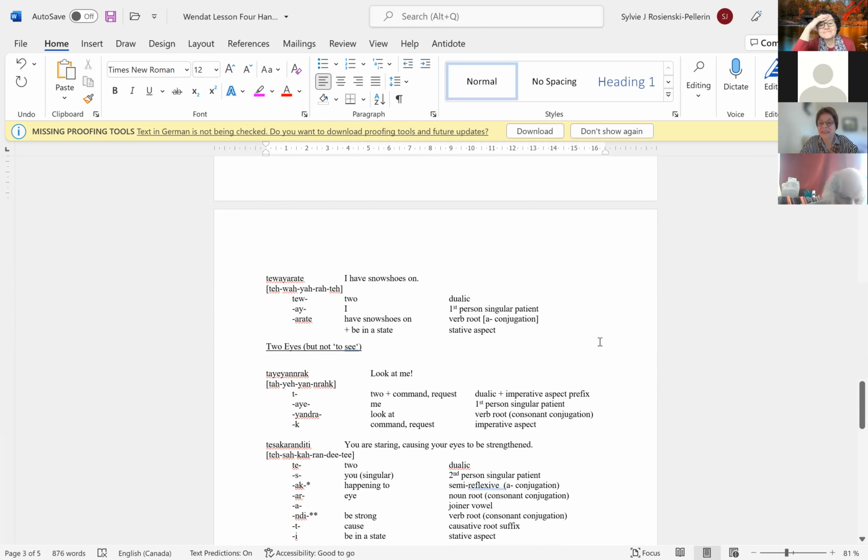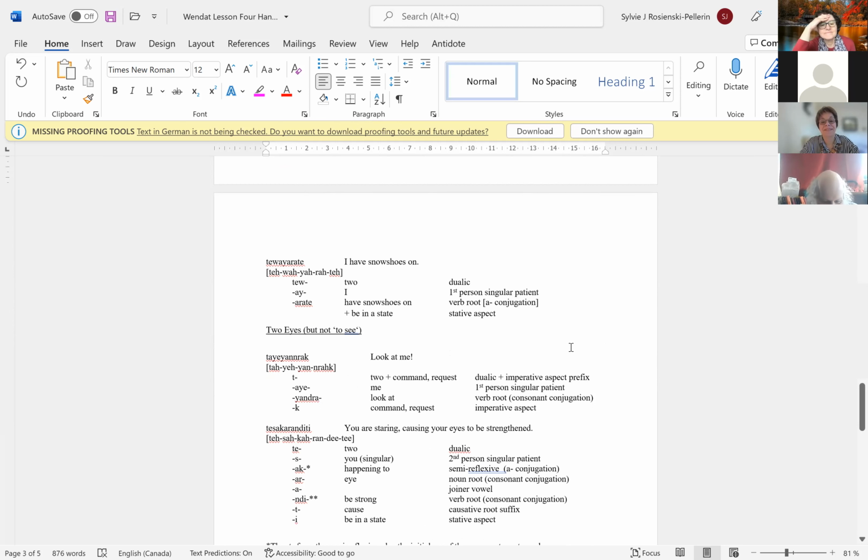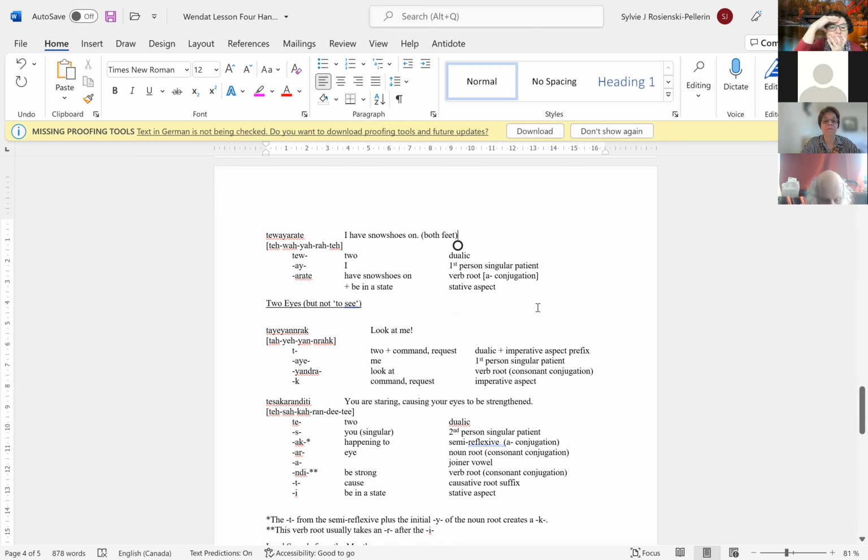Anyway, the next one has to do with snowshoes. The same works with any kind of shoe. Anything that's on both feet, it's going to have a dualic with a verb. And it is literally the verb to have snowshoes on. And it's the patient because it's happening to you. You're the subject of the sentence, but it's happening to you.